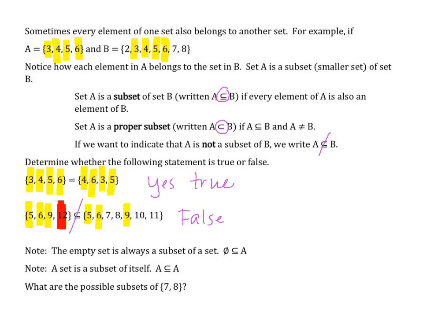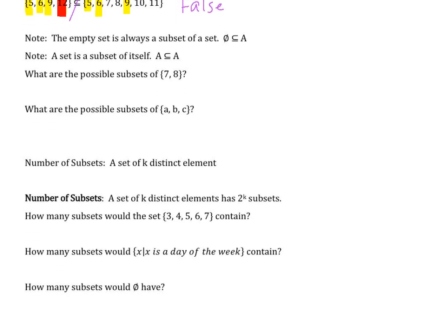Note the empty set is always a subset of a set. So it doesn't matter what set it is, it's always a subset. And note that the set itself is a subset of it. So what are the possible subsets if we have a set {7, 8}?